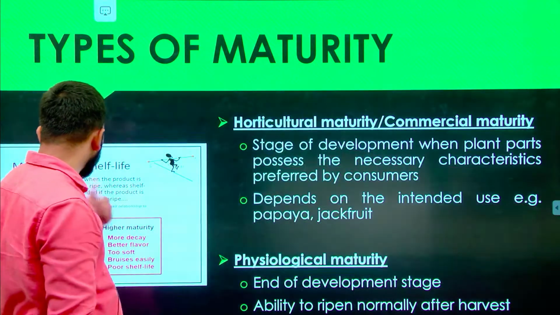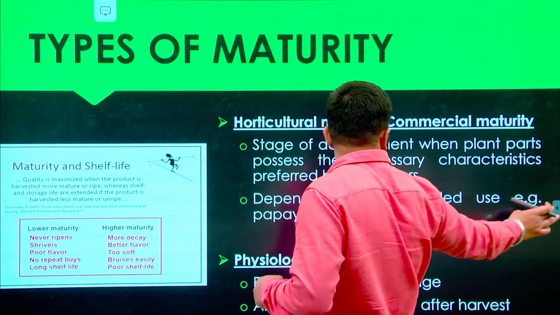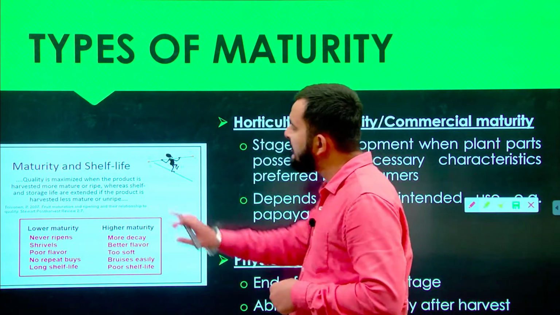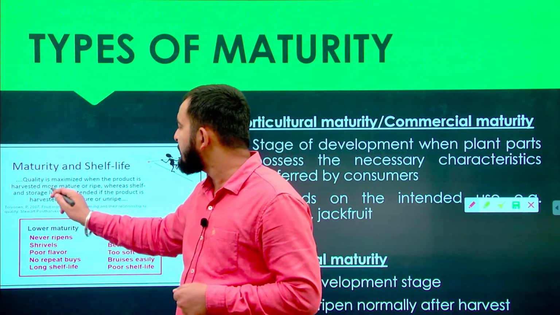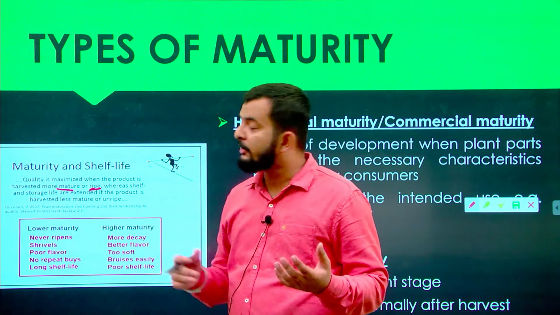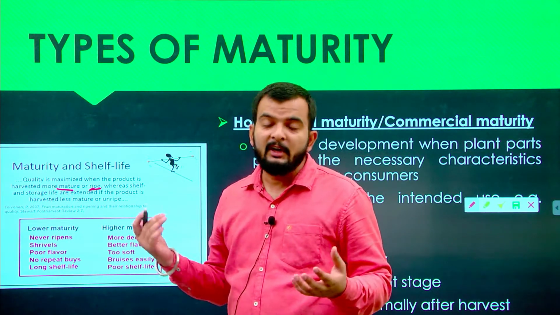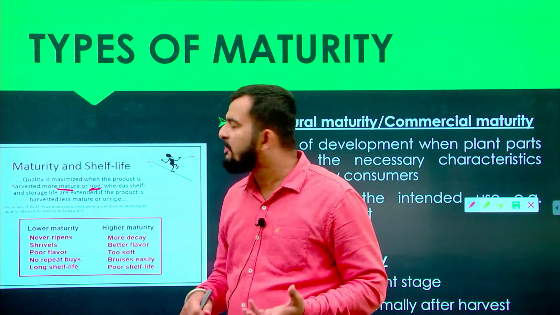Now you can see here also, maturity and shelf life. How does shelf life depend on maturity? Quality is maximized when the product is harvested more mature or more ripe. That is, if the fruit or the vegetable, or your product in general, is more mature or more ripe, the quality will be better.